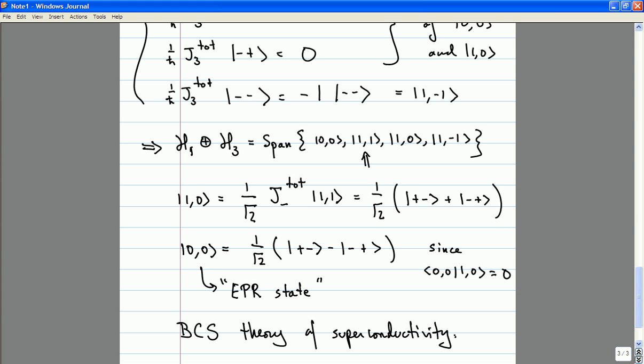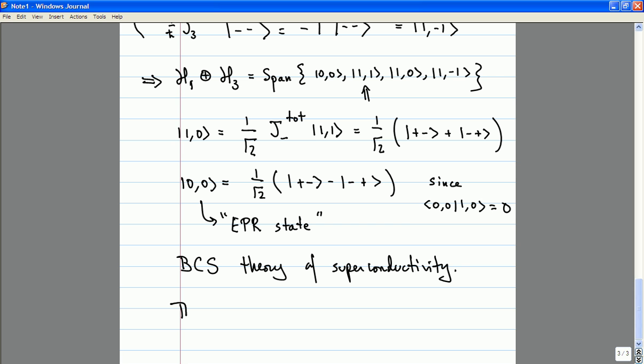Okay, good. I should also make one historical comment, which is that there were various coefficients that we worked out in this particular example. Coefficients like 1 over root 2, minus 1 over root 2, and so on and so forth, which are the coefficients that arise when you try and write the tensor product Hilbert space of two spins in terms of a bunch of direct sums.